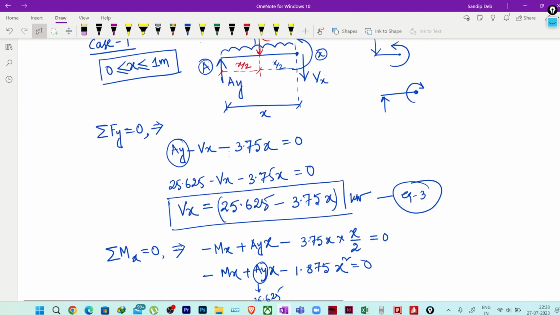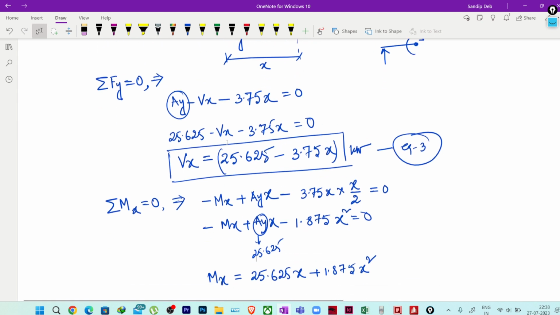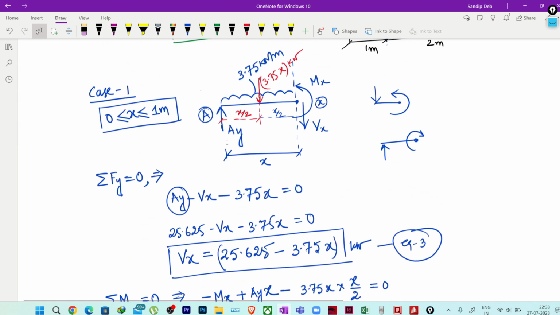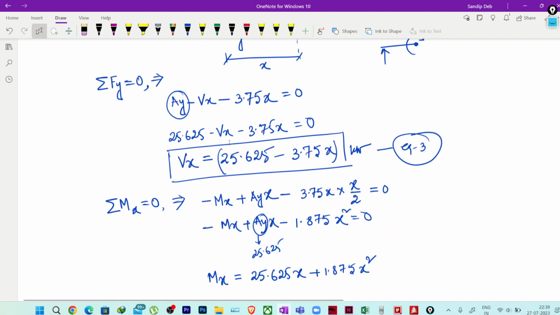Let me just see what I am doing. Summation of Mx, right? So it is an anticlockwise moment. In this case it will be negative only, correct? This moment will be negative only.